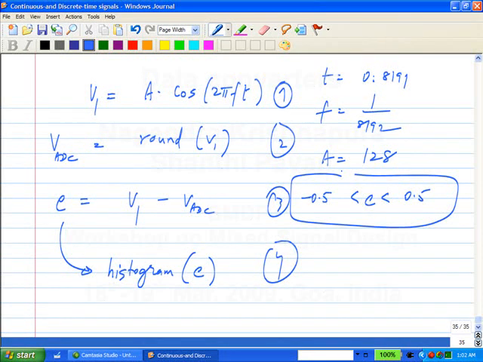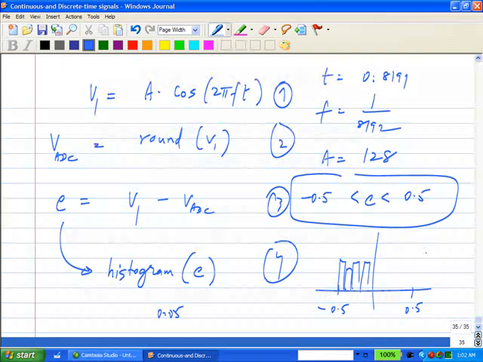You will see values between minus half and half. You take the histogram interval to be some small number like 0.05 or something smaller, and again in MATLAB you can see if it is really uniform or not. Yesterday I said the quantization distribution is uniform. From this you can easily figure out if it is uniform or not. Similarly, you can take the FFT of the quantization error and see if it is white or what happens, etc.